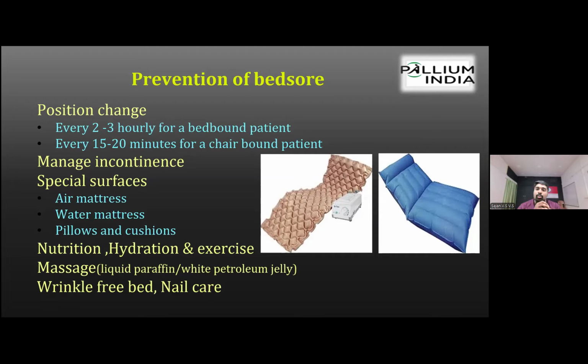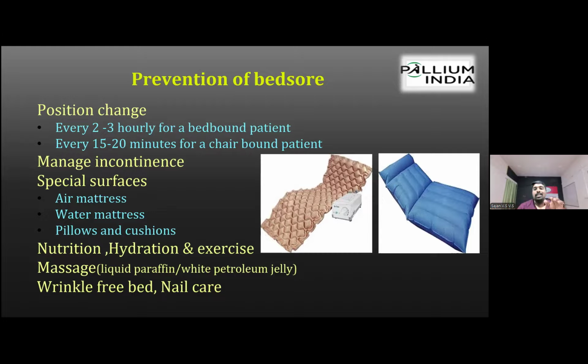Movable joints need to move, at least to prevent contracture and such things. So at least minimum range of motion exercise: actively if they are able, passively if needed, where the caregiver can move those body parts. We need to train that.